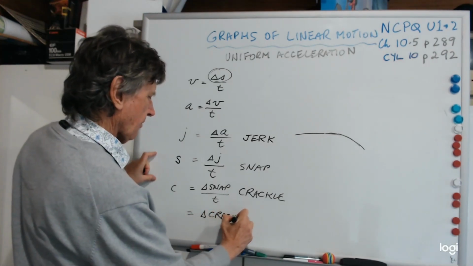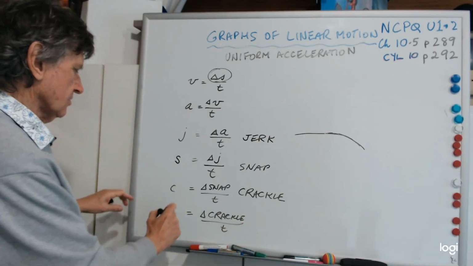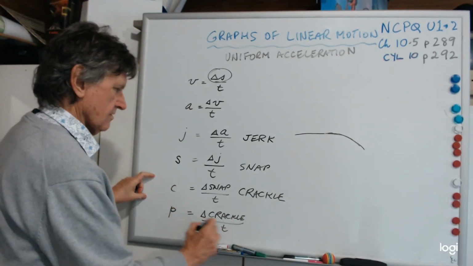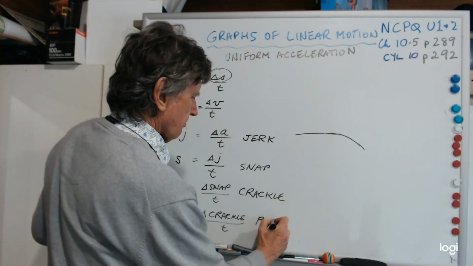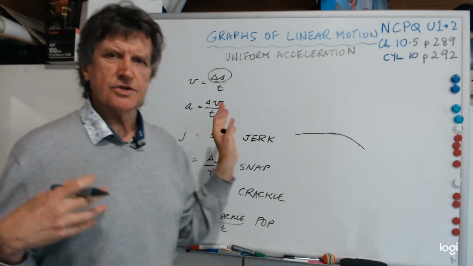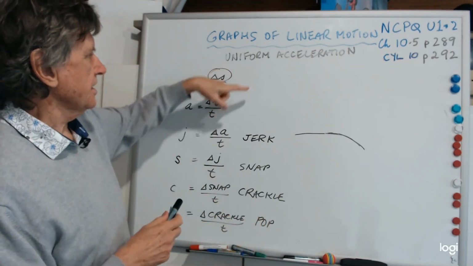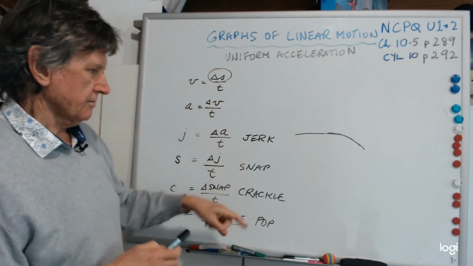The rate of change of crackle is called, you guessed it, pop. Okay, so jerk, snap, crackle, pop. You can buy t-shirts with that on it if you like. So velocity, acceleration, jerk, snap, crackle, and pop.